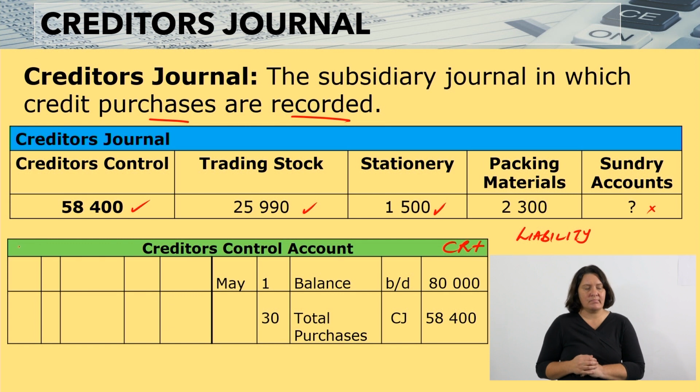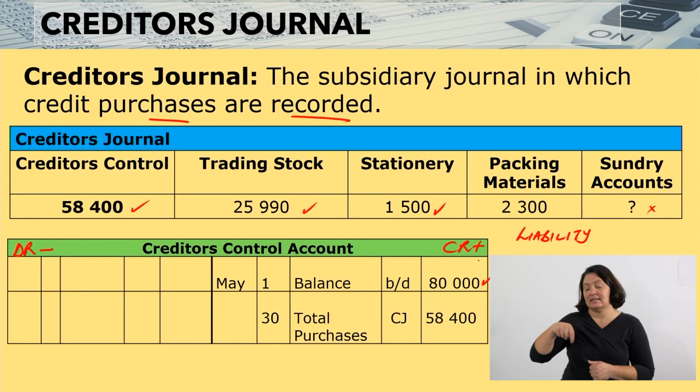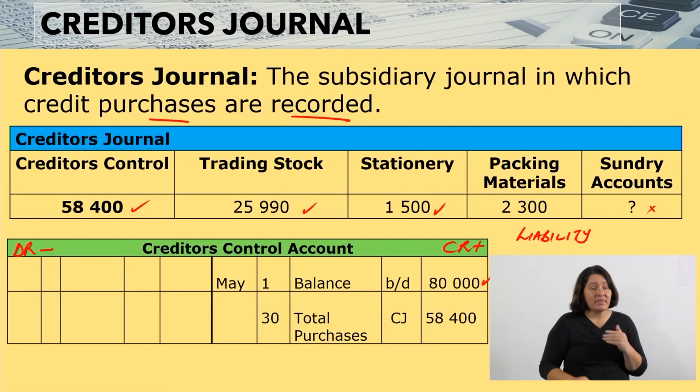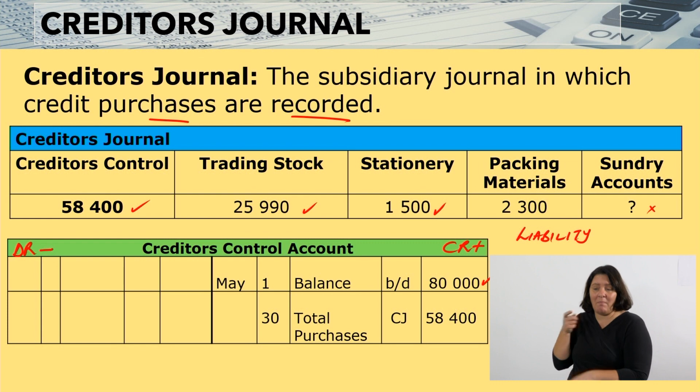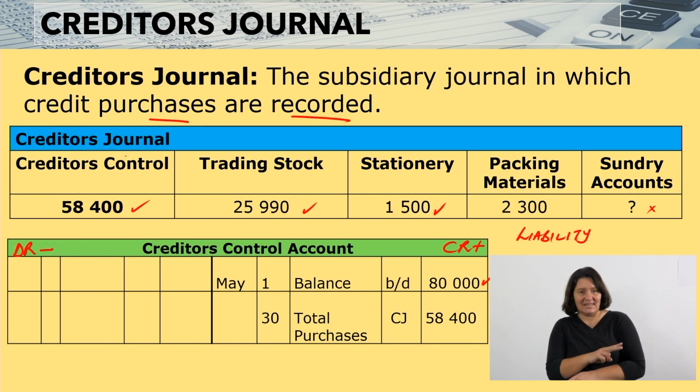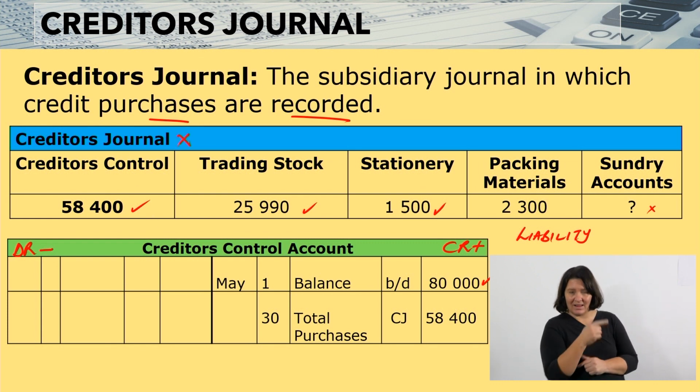And on the debit side, this account will decrease. We'll begin off with a balance of 80,000. What this balance means is, from the previous month, we have bought goods on credit from our suppliers. So coming from the last month, we are owing them 80,000. However, in this month, we have also bought more goods on credit, as you can see from your creditors journal over here.